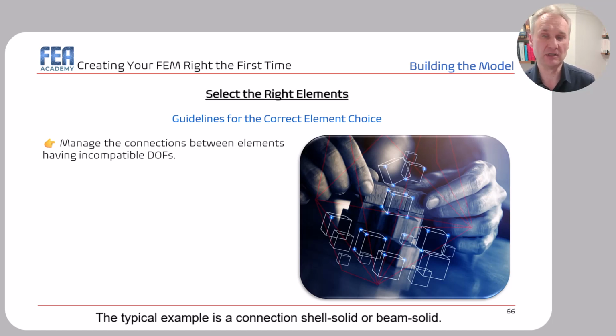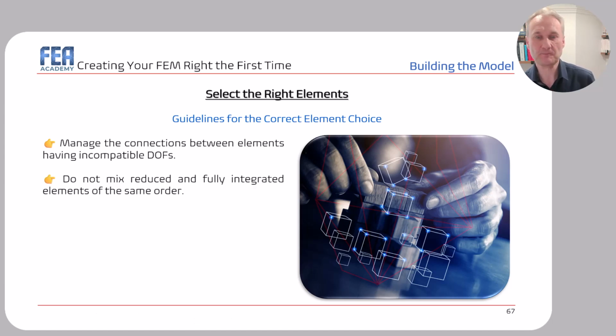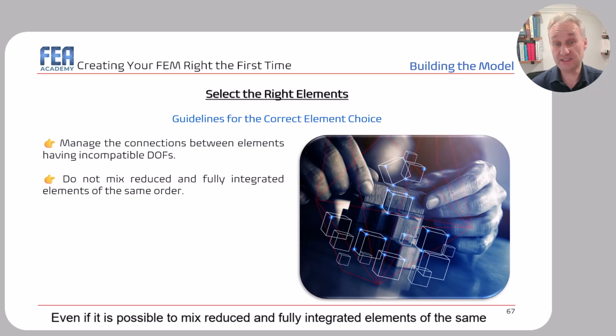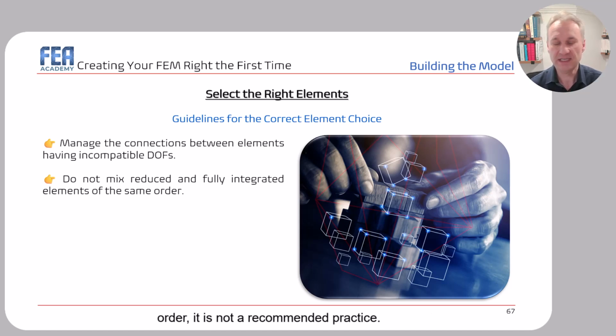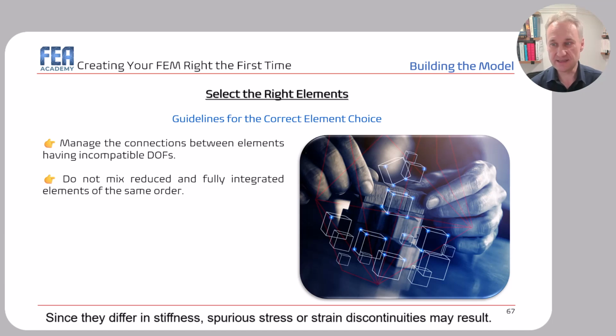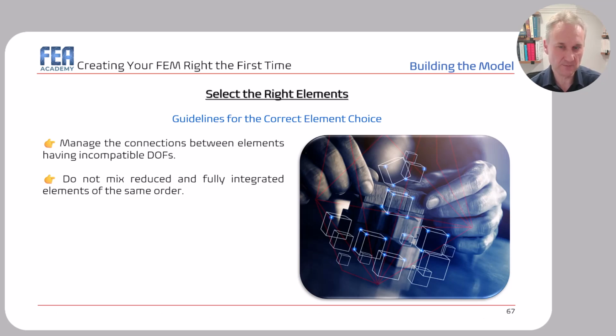The typical example is a connection shell solid or beam solid. Even if it is possible to mix reduced and fully integrated elements of the same order, it is not recommended practice, okay? Since they differ in stiffness, spurious stress or strain discontinuities may result.